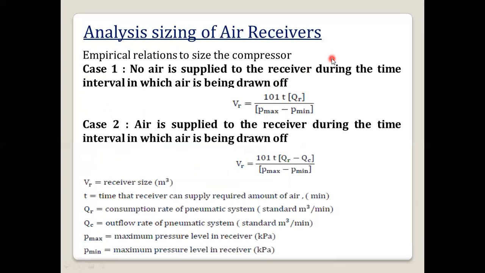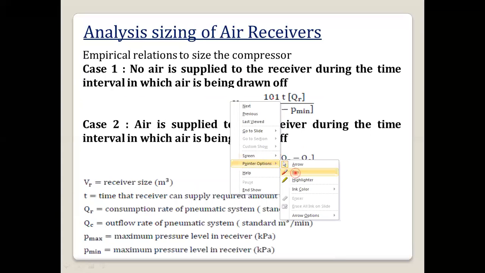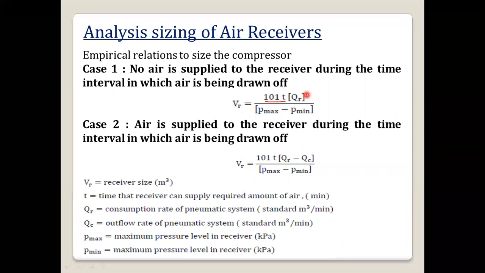The sizing of the air receiver is very important. Let us consider three cases. Case 1: when no air is supplied to the receiver during the time interval, we can calculate the receiver size VR. VR is equal to 101 T QR divided by P max minus P minimum.